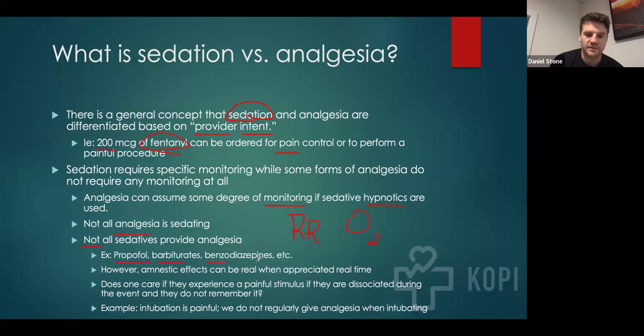Propofol, barbiturates, and benzodiazepines are very good examples of this. It is important, though, to remember that we do painful things to people, and we don't necessarily always provide them with analgesia when we do that. A good example of this is actually intubation. When we intubate somebody, usually the standard of care in the United States is to intubate with either etomidate or ketamine.